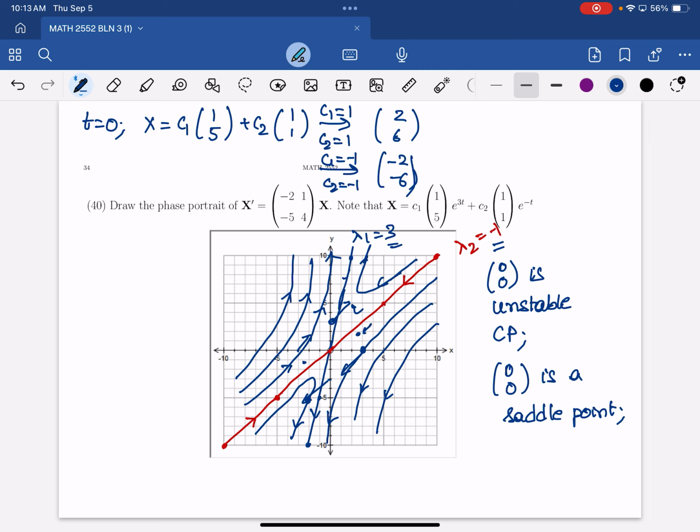Okay, that one is for a different C value. If I pick C1 to be very small and C2 to be very small, my solution may be lying right there. It can be closer or farther. So it depends on what my C1 and C2 values are, so I get different points. That's all I'm trying to say. Make sense? Are you all okay with that?